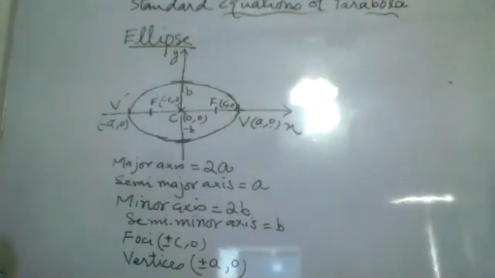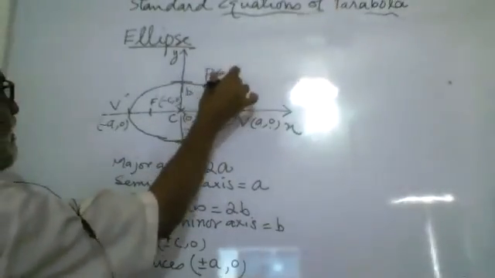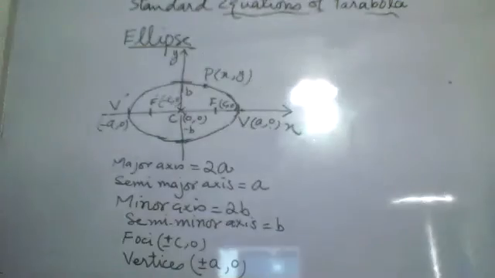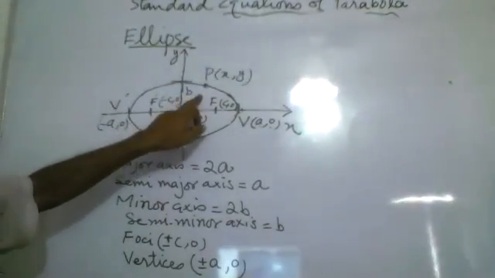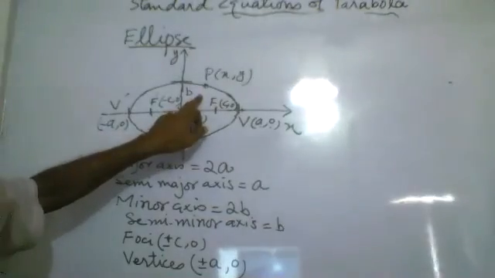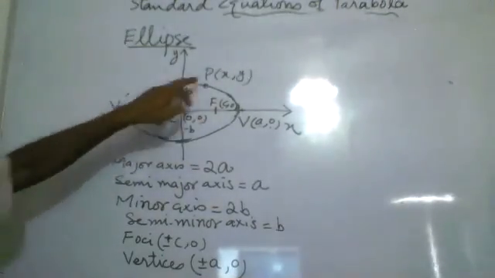And what is the definition? Definition: the ellipse is a locus of all the points whose sum of distances from two fixed points is the same.